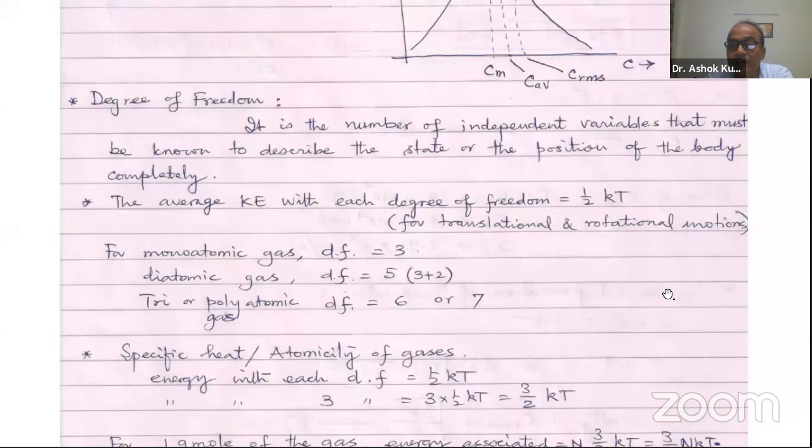Another degree of freedom is that one atom is here, one atom is here, and the line joining them is this, and the axis is passing through the center but is perpendicular to the screen. That means if you see from here, you will see only a spot, not the axis.